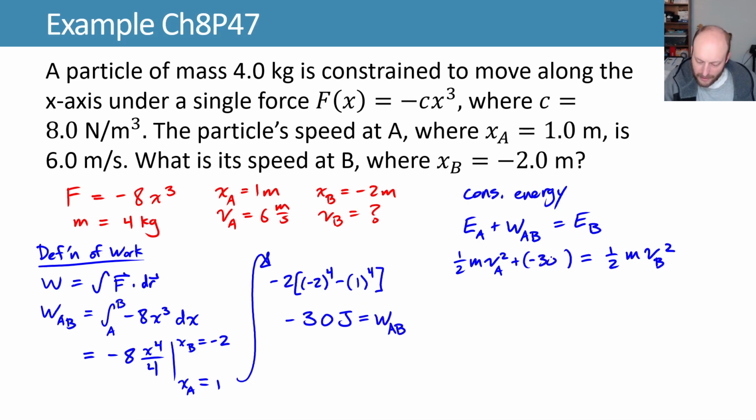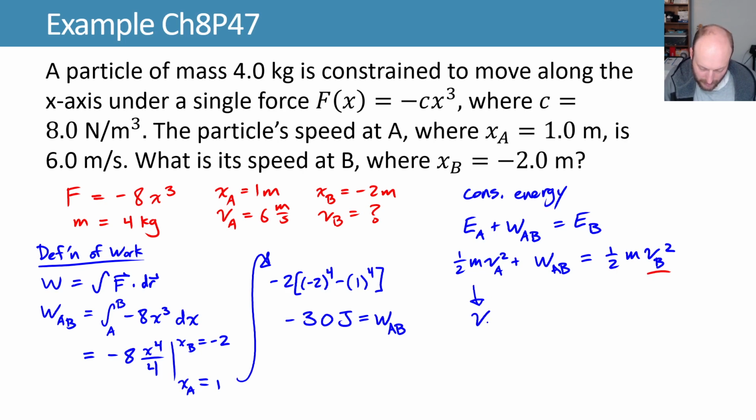I can plug that in over here now and solve for this in terms of the other things that I know. I'll leave this like that so that I can just solve for VB by multiplying by 2, dividing by m, taking the square root. To be clear, we're solving for VB.